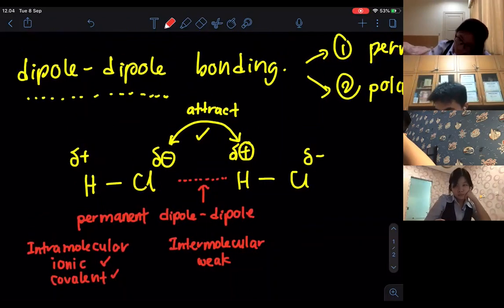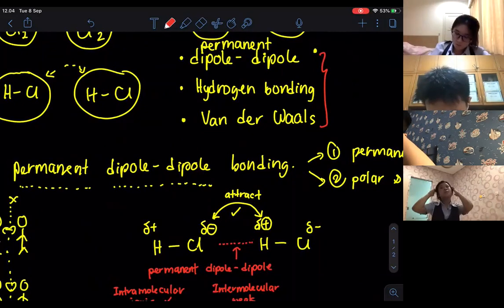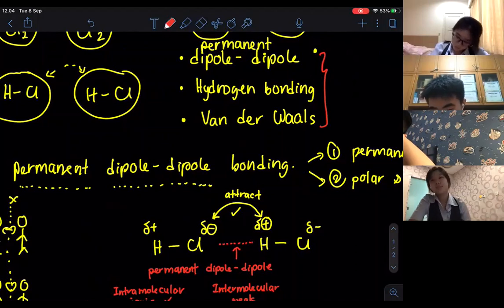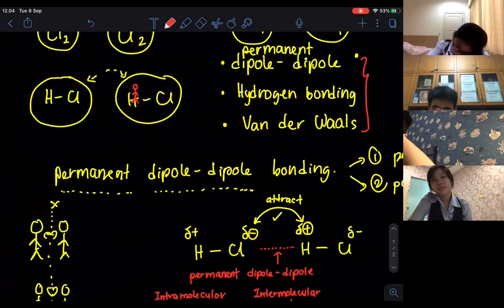Compared to the remaining three, intermolecular bonding is definitely going to be weaker. Imagine boyfriend and girlfriend, and then their relationship with the other couples in the classroom.